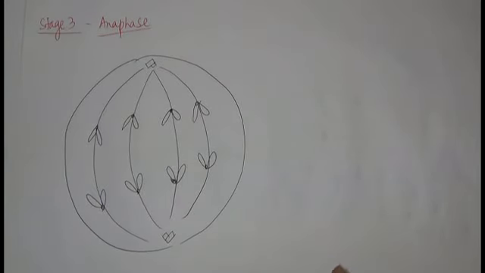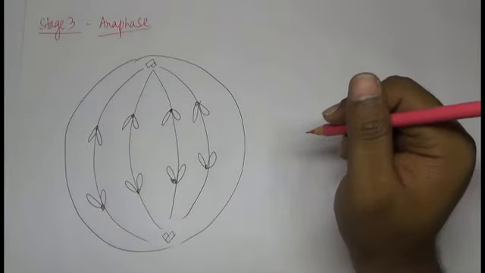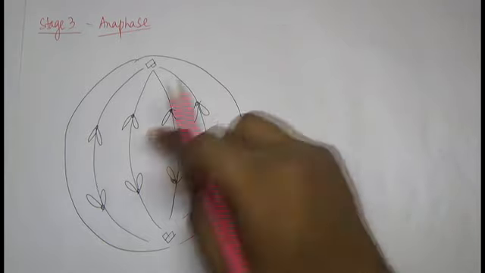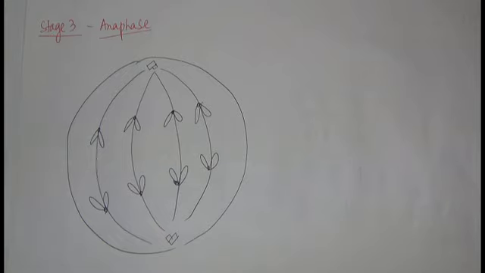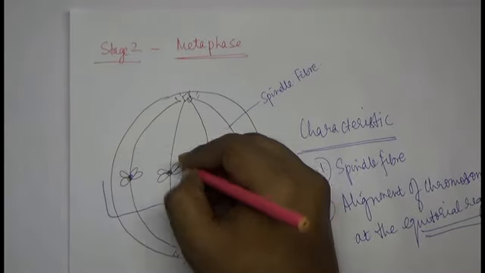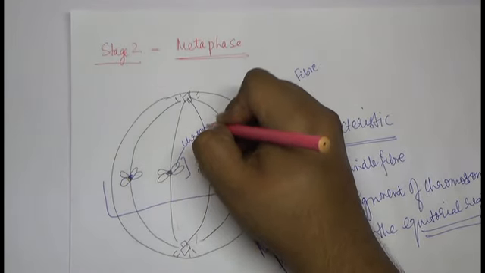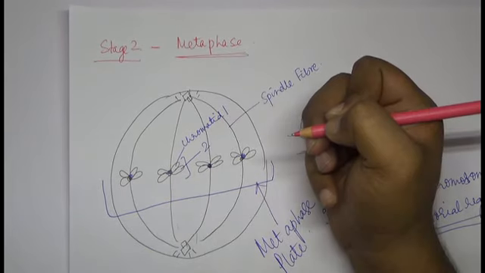Coming to the third step of karyokinesis, this stage is called the anaphase. In anaphase, we can see that the chromosomes which were in the equatorial region have split. As we know very well, this chromosome was made of two chromatids. This is chromatid 1, this was chromatid 2.